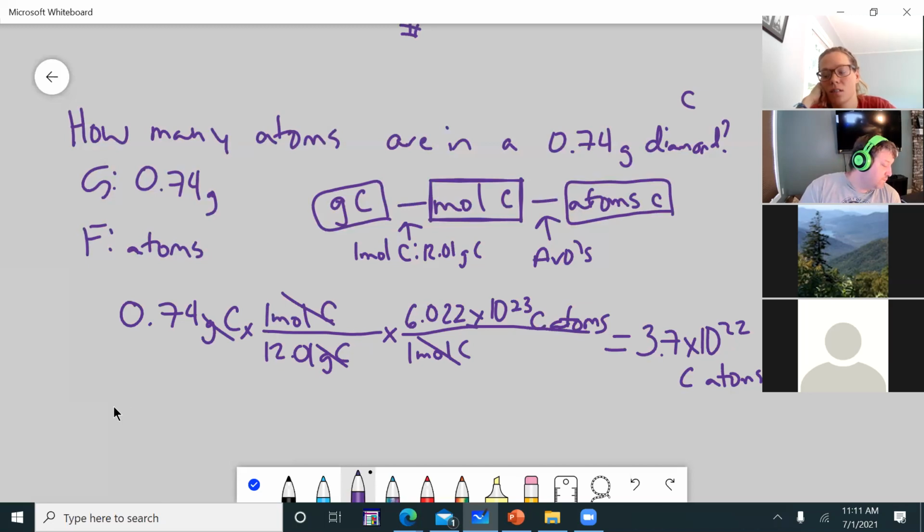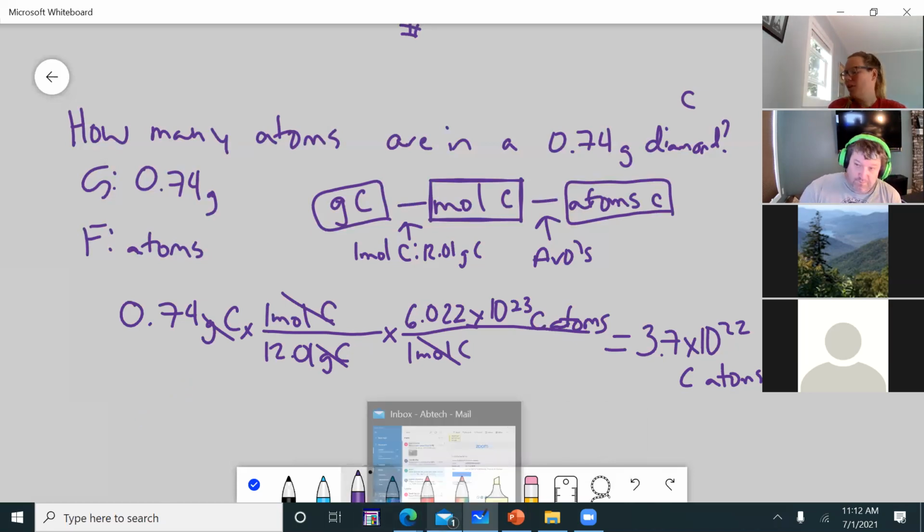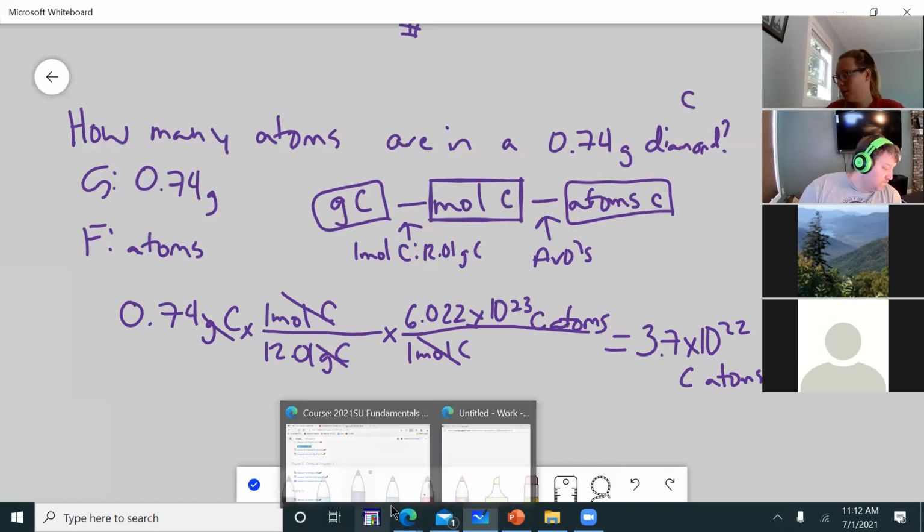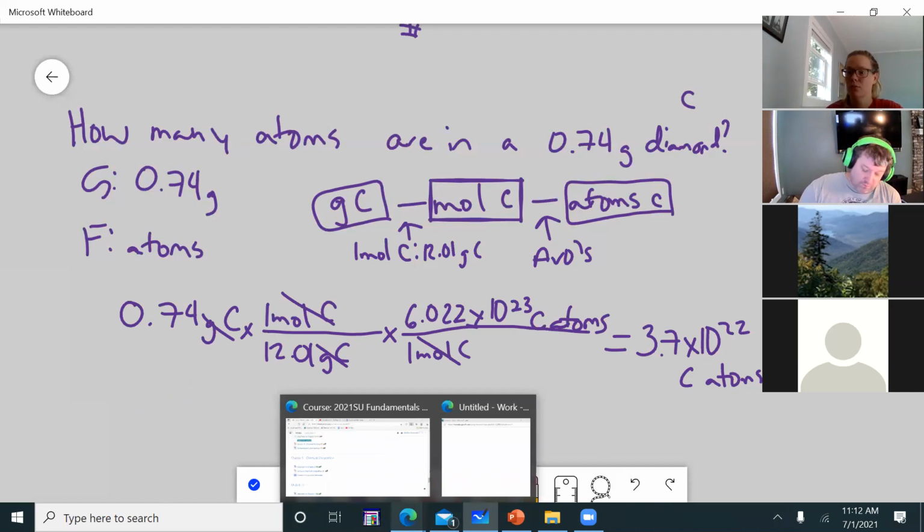Like for oxygen, oxygen is 15.999 something. I just use 16. You'll see me just use 16 for oxygen. But for instance, chlorine, 35.45. You're definitely not going to want to round that to 35. You're going to want to use the decimals. So use 2, 3 if you can.